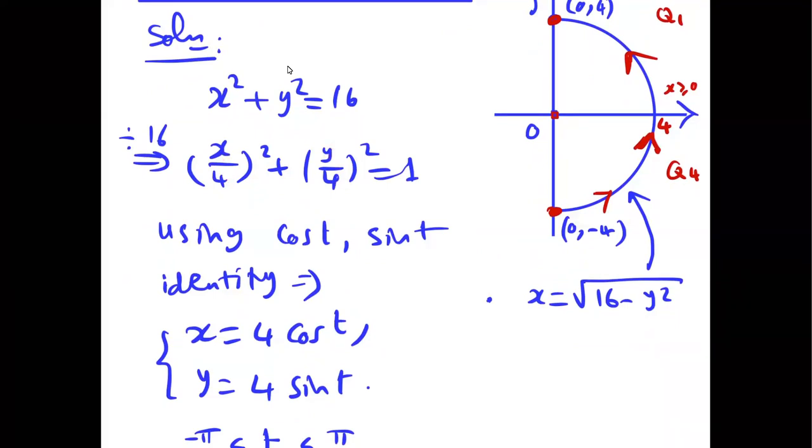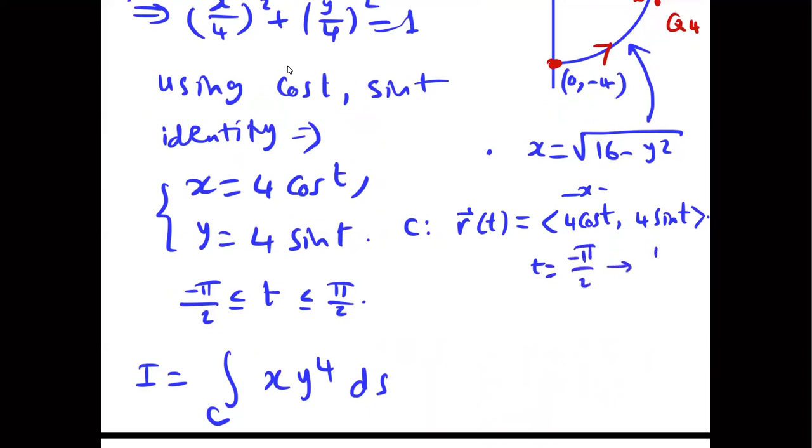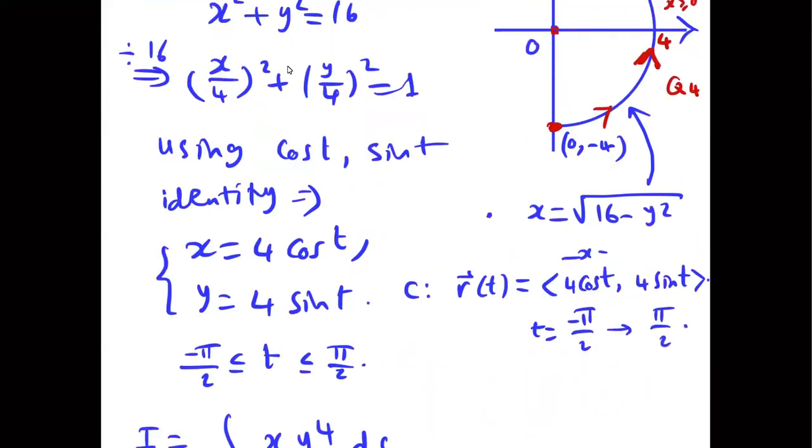We get rid of this 4 and take this form. The curve C is given by r of t, with 4 cosine t as the x value and 4 sine t as the y value. For this, t goes from negative pi over 2 up to pi over 2. Why do I take this interval?